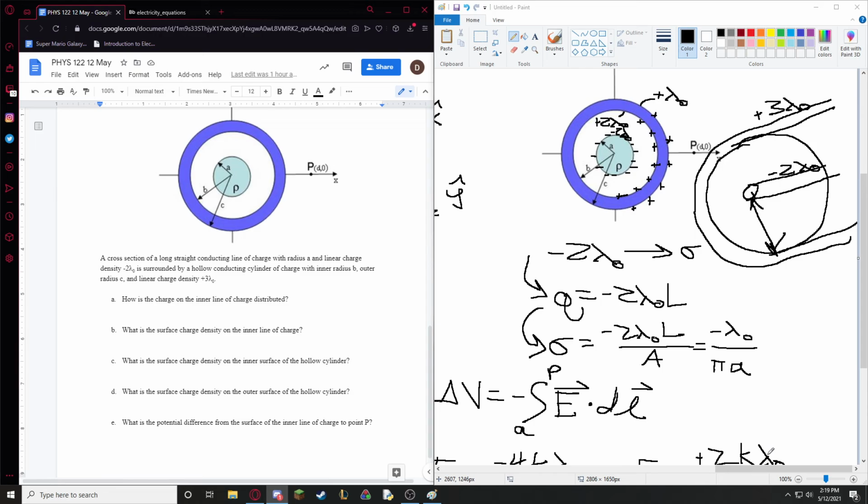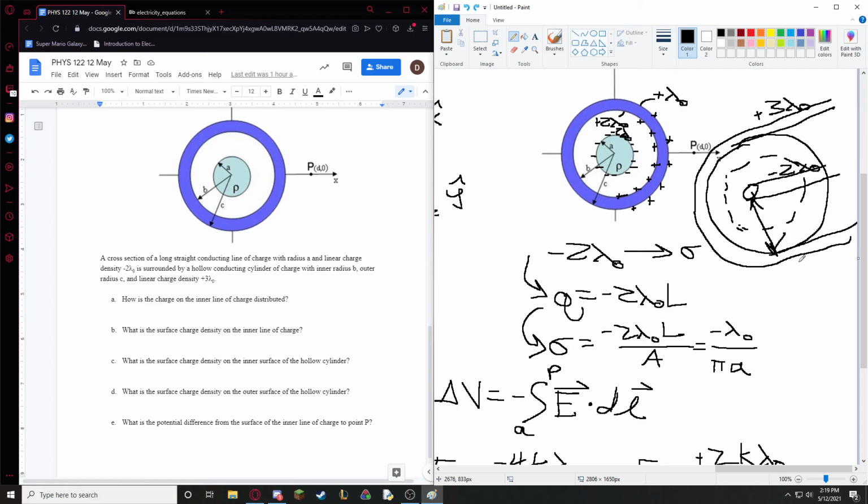Would we have to worry about that? Oh well, they're both enclosed, right? So what does Gauss's law say?